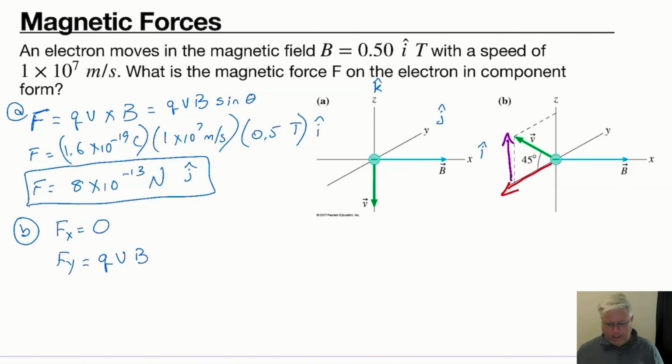If we're going to cross these, and if we're looking at the y direction, we're going to have to do cosine theta, technically. If we want to know what the y component is, this vector v has a y and z component.